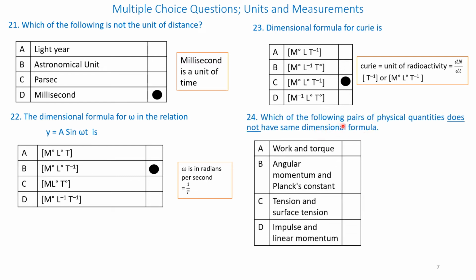Which of the following pairs of physical quantities does not have the same dimensional formula? Tension is equal to force, MLT to the power of minus 2. Force is M into a, MLT to the power of minus 2. Surface tension is equal to force per length, that is equal to M into T to the power of minus 2.